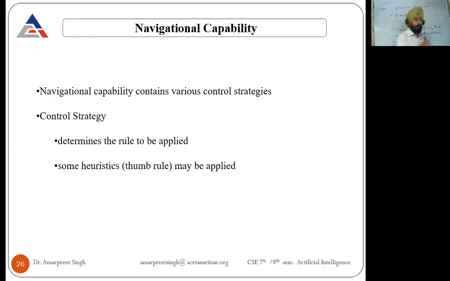But there are some control strategies. What is the control strategy in simple programming? There we have control statements like decision making or conditional statements such as if else, else if. When you implement a conditional statement, the flow of execution changes.